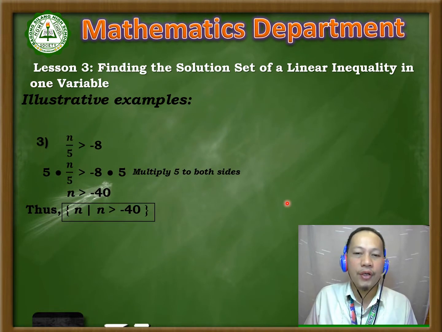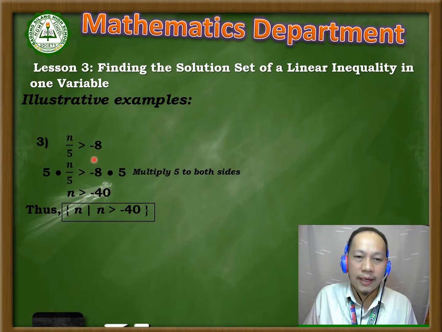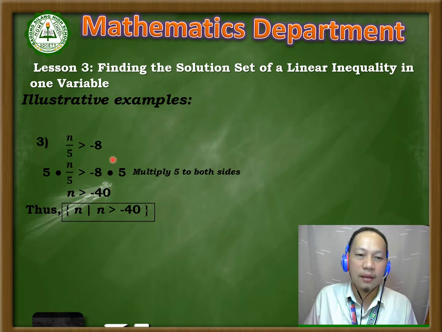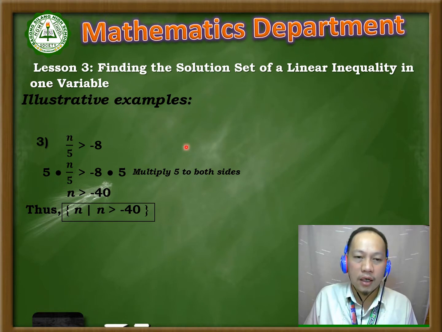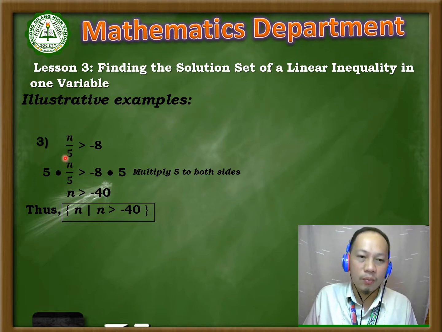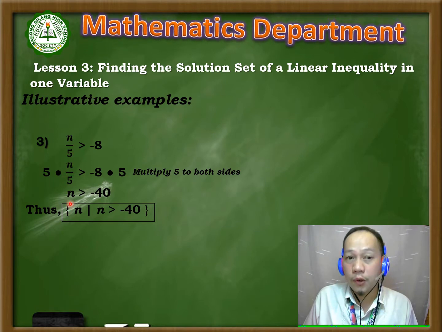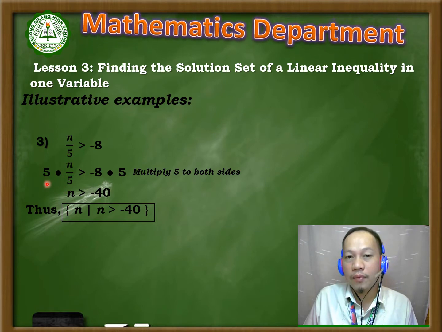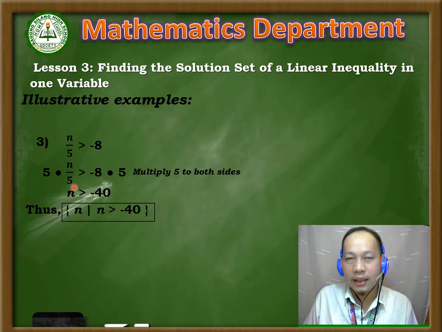Let's have number 3. A number divided by 5 is greater than negative 8. Okay, so what will be multiplied on both sides of the inequality? Correct. So it should be the multiplicative inverse of 1/5. The multiplicative inverse of 1/5 is 5. Okay, so multiply both sides by 5 to eliminate, or this will be cancelled out.